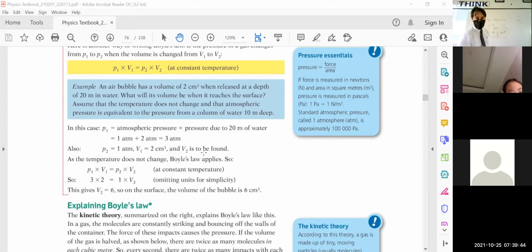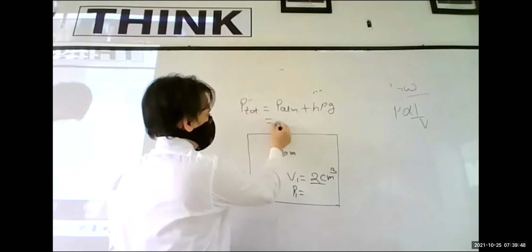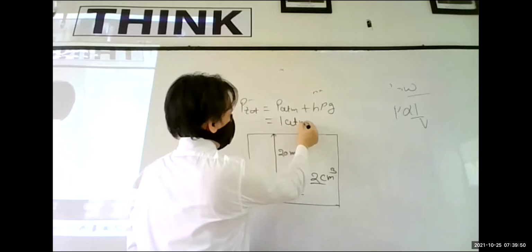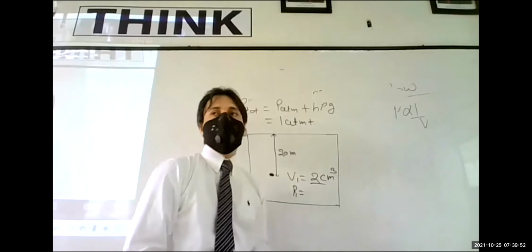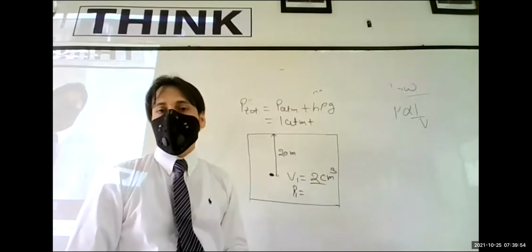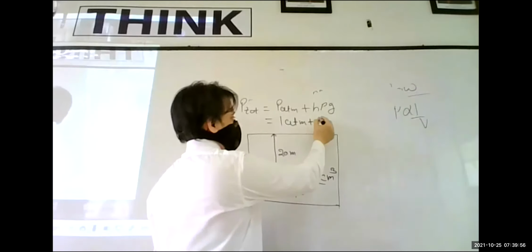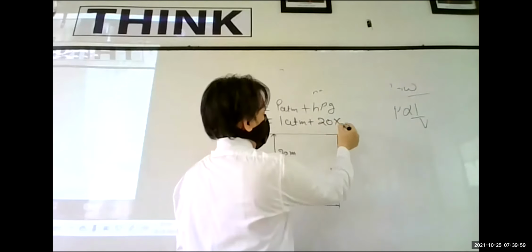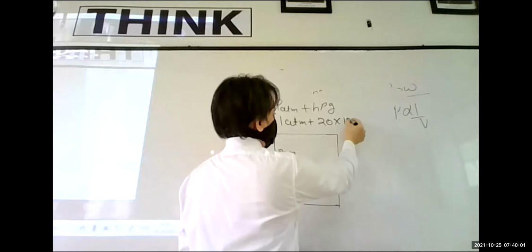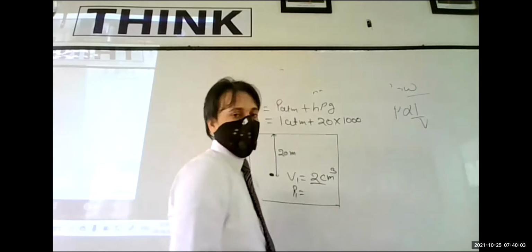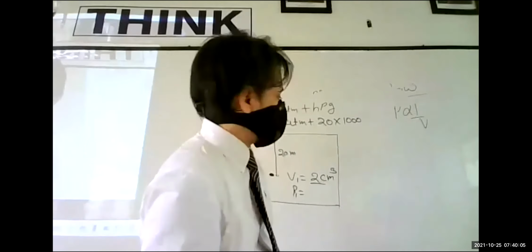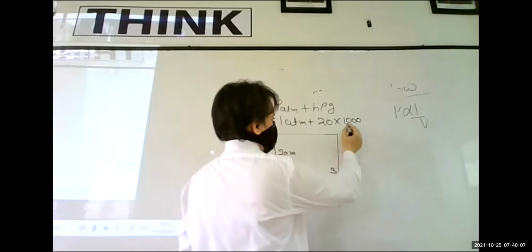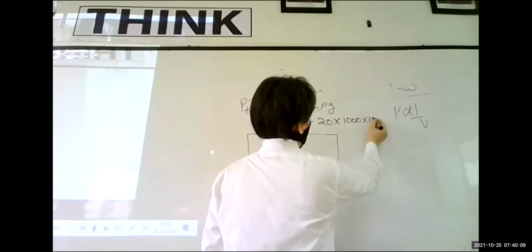So I can write atmospheric pressure, which I know is 1 atm, plus the value of h, density and gravity. h is 20 meter. What is the density of water? I can take 1000 kilogram per meter cube, and the value of g is 10.